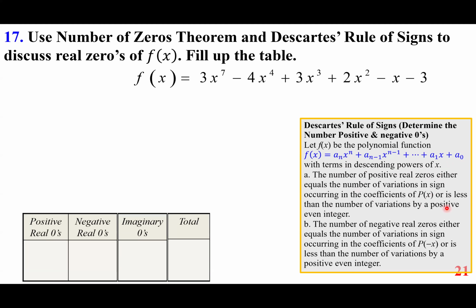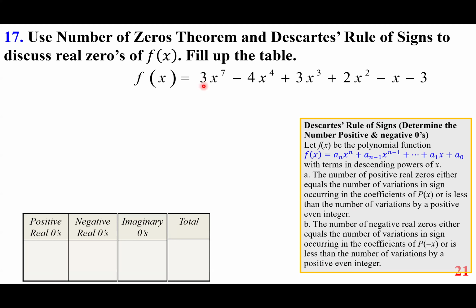What do we mean by that? So let me show you the meaning of part A first, and then we go to part B. This one is 3x to the power of 7.